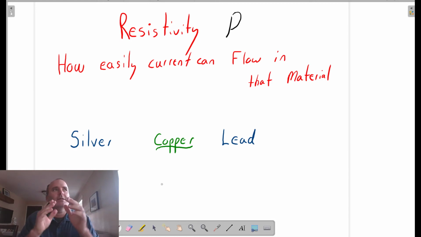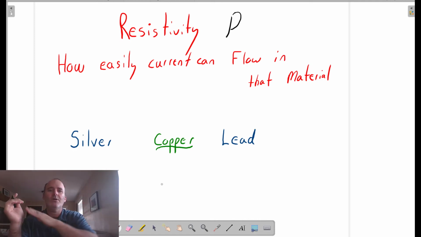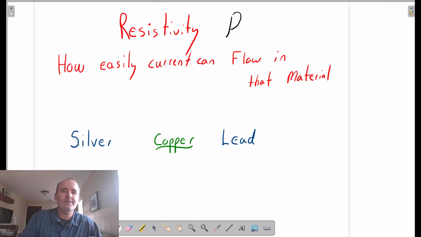You might think copper is the best thing to create a wire with so that current can flow through, but actually silver is a little bit better. You might think, wait a minute, why don't we make all of our wires out of silver? But silver costs some money, so we don't do that because it would be crazy expensive. So all right, the resistivity.